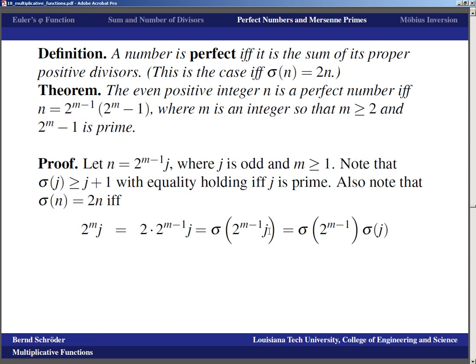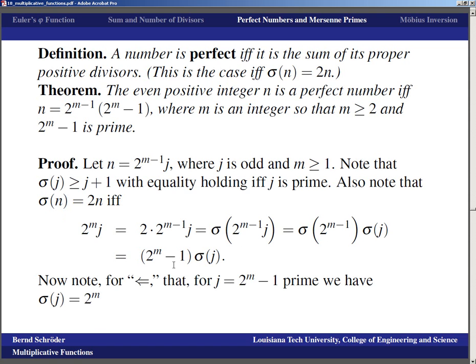And we can break that up. That is sigma of 2^(m-1) times sigma of j. And the sigma of 2^(m-1) is just 2^m - 1. We've just shown that on a preceding slide, so that's (2^m - 1) times sigma of j. So that means n is perfect if and only if we have this equation here.